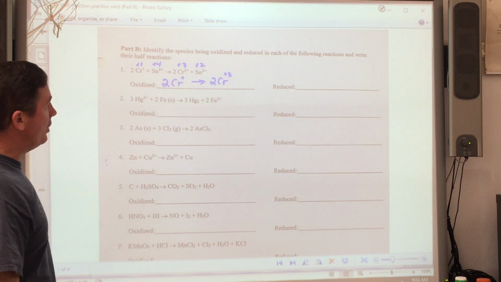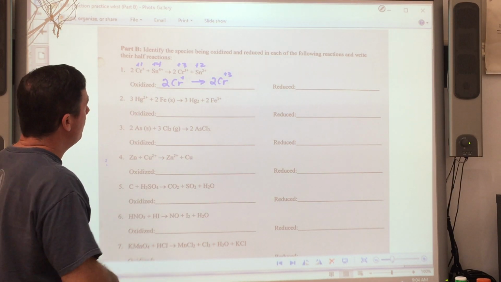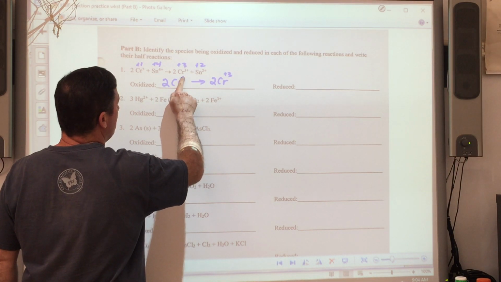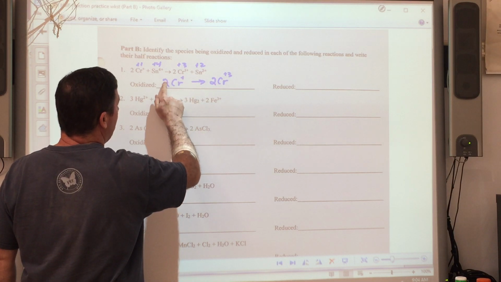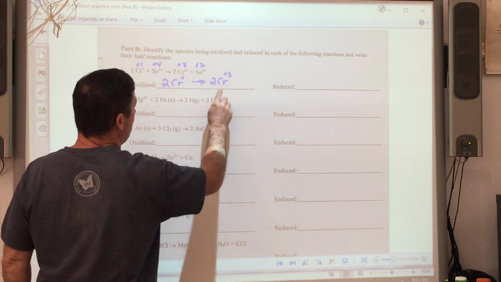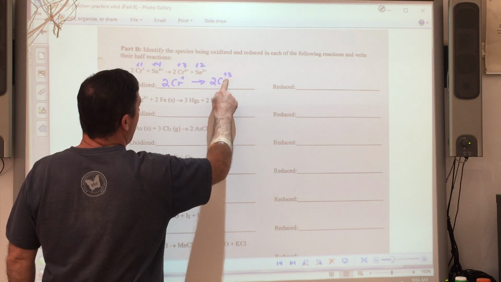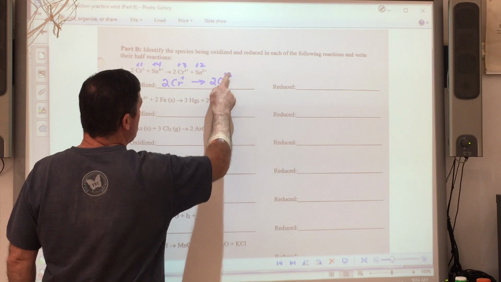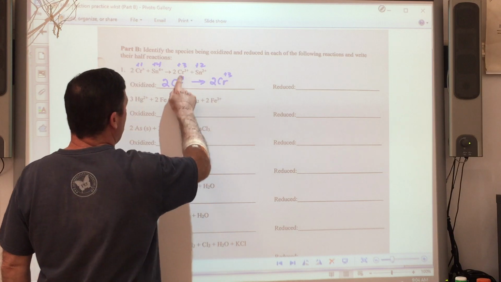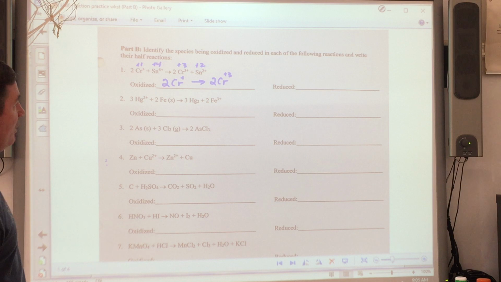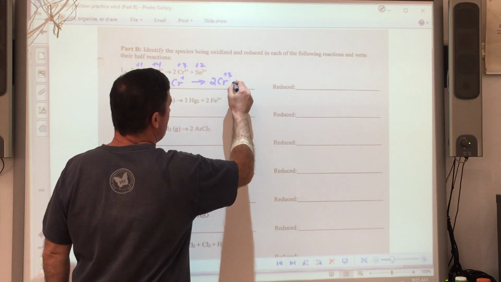So let's do some charge accounting here. Over here I've got 2 positives. Each chromide ion is what it's called. Each chromide ion has 1 charge, and there are 2 of them. So I've got a positive 2 over here. Each chromide ion on this side has 3, and I've got 2 of them. So I've got a positive 6 over here, and a positive 2 over here. In order to even that out, I have to add electrons to this side.